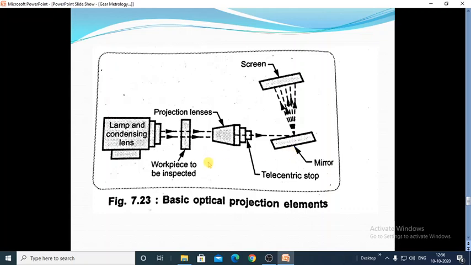Here you can see the workpiece to be inspected is kept between the lamp and the projection lens. Whatever light is emitted on the workpiece goes through the projection lens, onto the mirror, and then onto the screen.